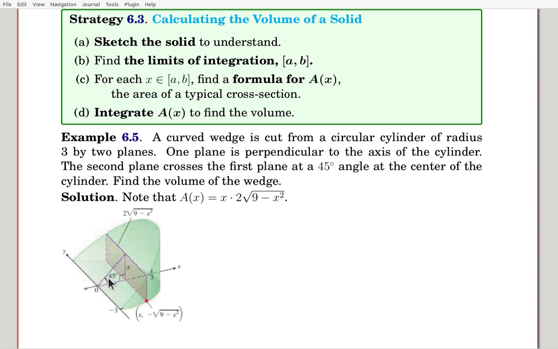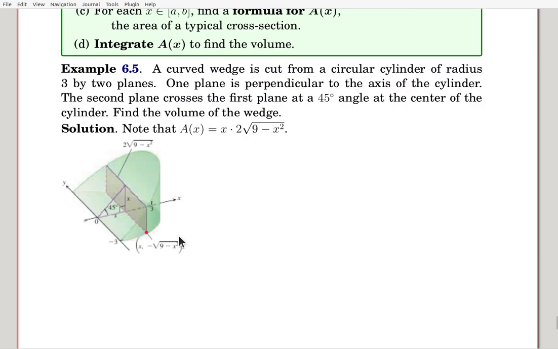We want to find the volume of the wedge. If you can make the picture, then make a picture to understand the problem.